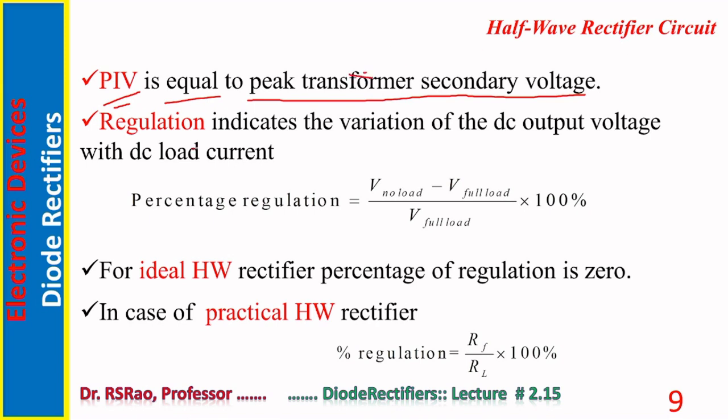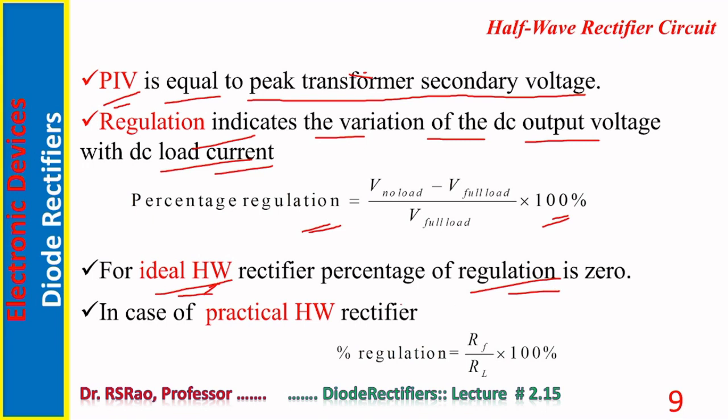Now, regulation. Regulation indicates variation of DC output voltage with the DC load current. By definition, it is V no load minus V full load by V full load into 100%. It is already mentioned earlier. For an ideal half-wave rectifier, percentage regulation is 0.